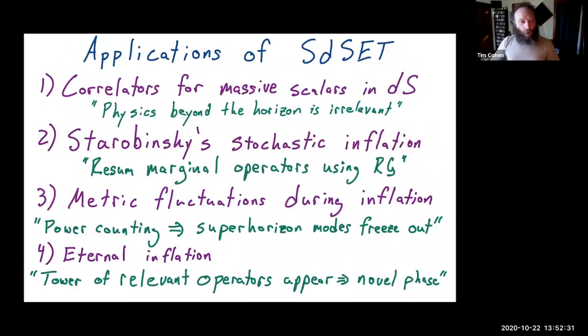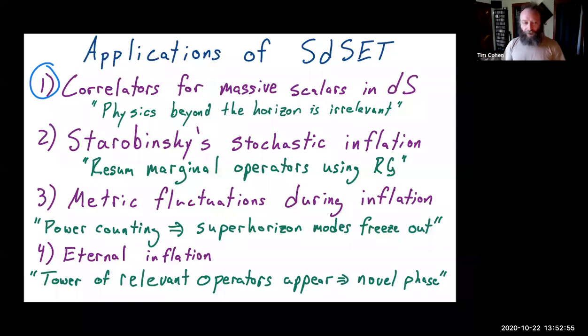Okay, so this is kind of the punchline. These are the four main applications that we worked out in our paper. I want to tell you the application, and then give you a slogan so that maybe you'll remember one or two of these. The first is we're able to calculate correlators for massive scalar fields in the long wavelength limit. And I've already kind of told you the punchline here. What's going to happen is that all these modes decay exponentially fast.